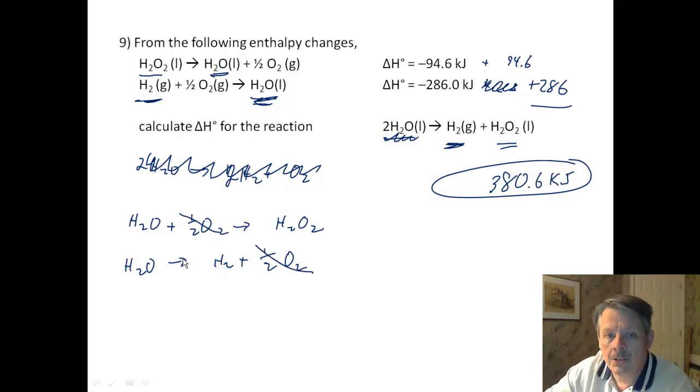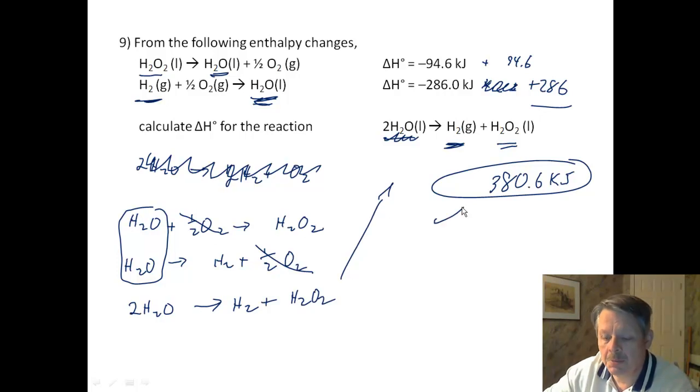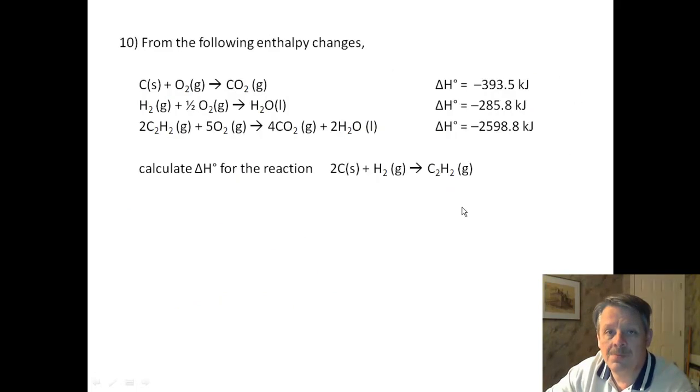The H2Os, I've got 2 H2Os over here. All right, so I have to put them together. So I get 2 H2Os, and that's all I have on the left-hand side of the arrows, become H2 plus H2O2. There we go, that looks good. That's our right equation, so that must be the right delta H.